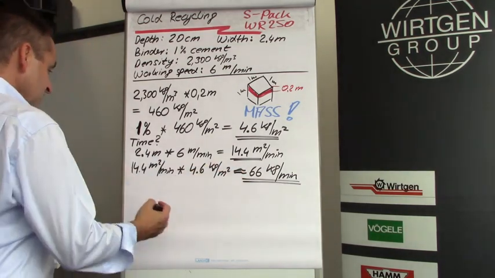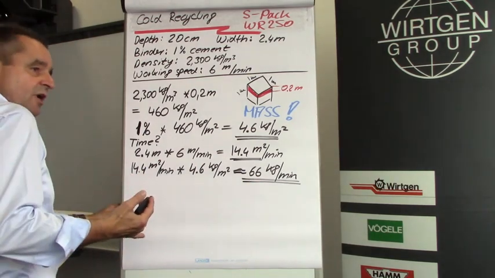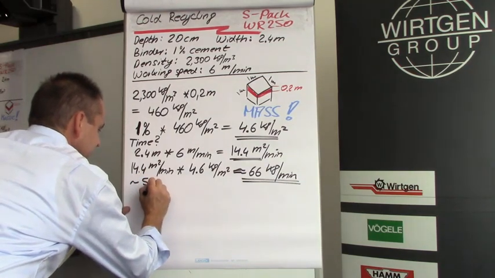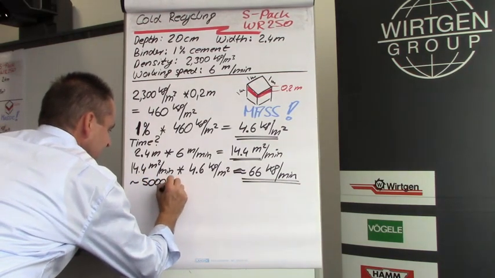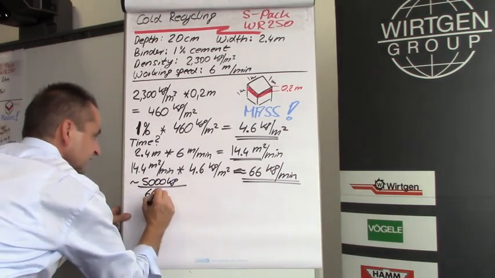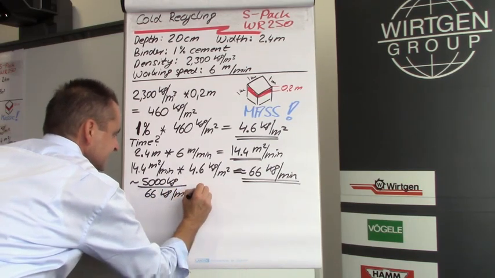Now it's easy. Remember what the maximum payload of the aspect was? It was approximately 5 tons or 5,000 kilograms. Now divided by 66, this is what we have to spread every minute, kilogram per minute.